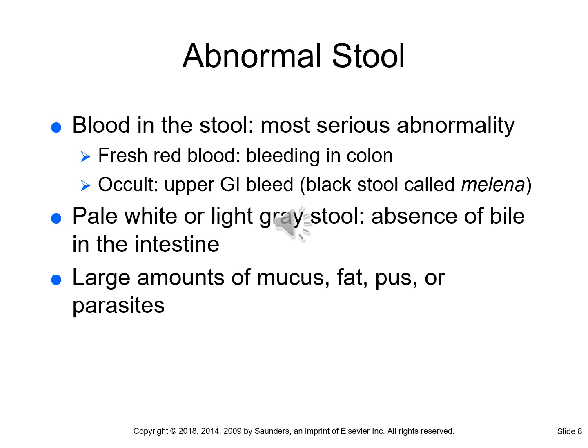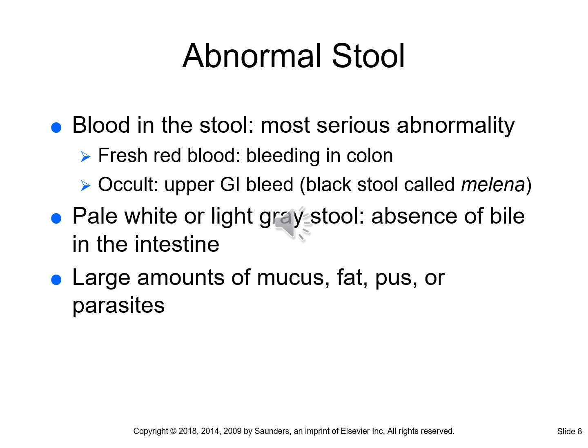Okay, so your stool should be light to dark brown, and it should be soft and formed. The appearance of it can be affected by your diet and your metabolism. So now, things that are abnormal: you should not have blood in the stool.